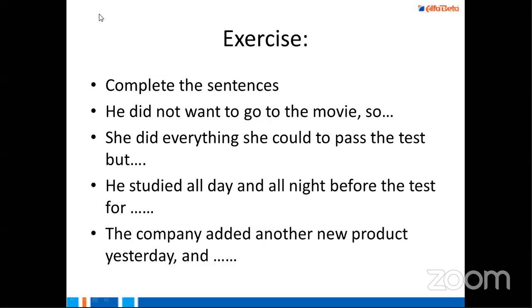I'll try the next one. He studied all day and all night for the test, for he really wanted to pass. Can you try the next one? The company added another new product yesterday, and the response was amazing. Correct. All right, great, guys, great.